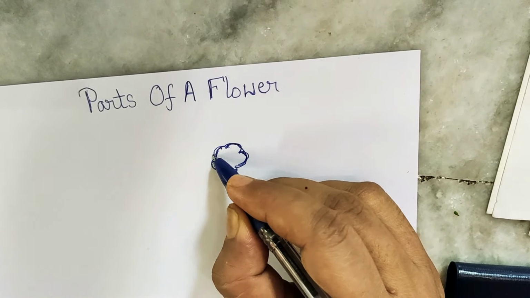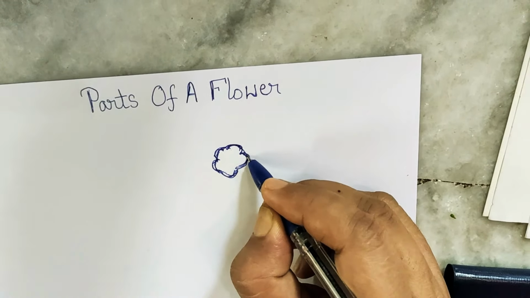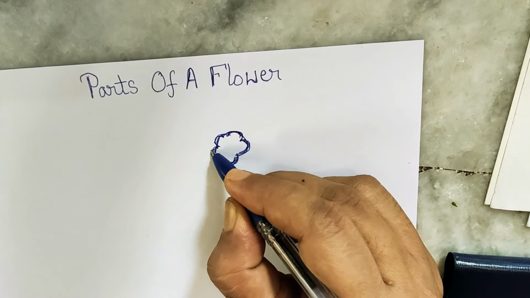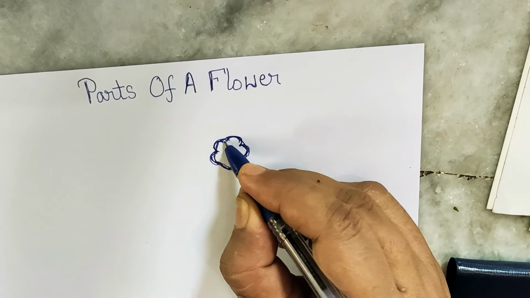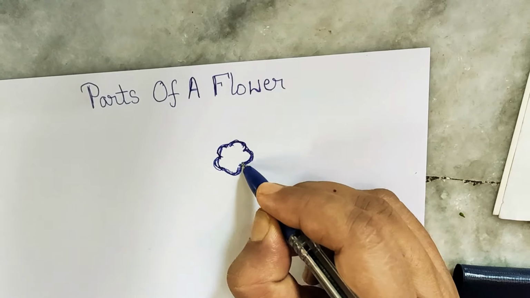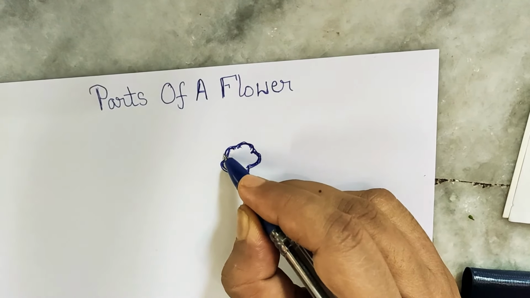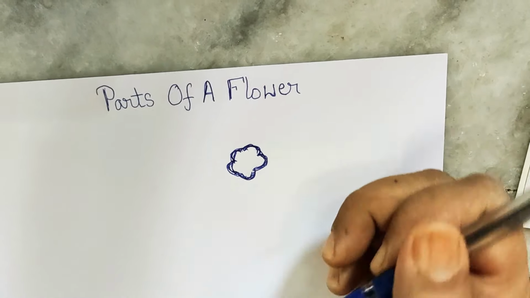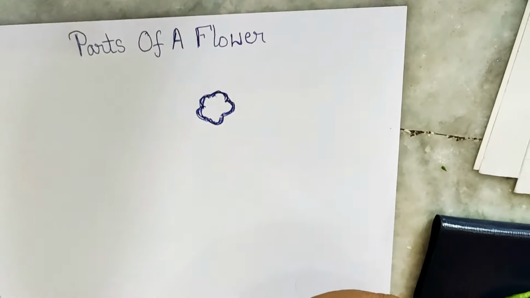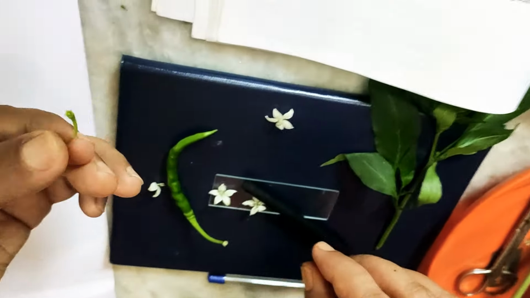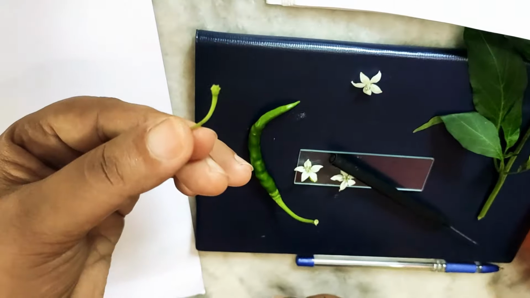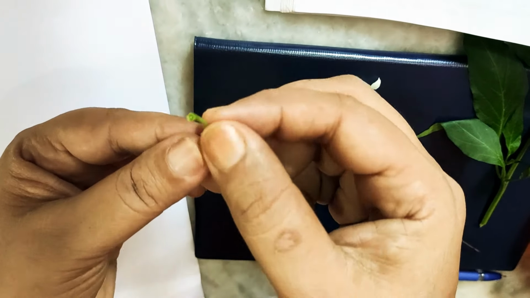That means margin wise they are attached and they are not overlapping. This type of arrangement is known as valvate estivation. Arrangement of the sepals is valvate. Next is persistent, as I told you, and they are green in color. You can see easily. So this is about your calyx.